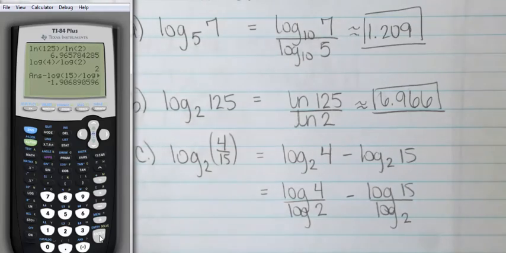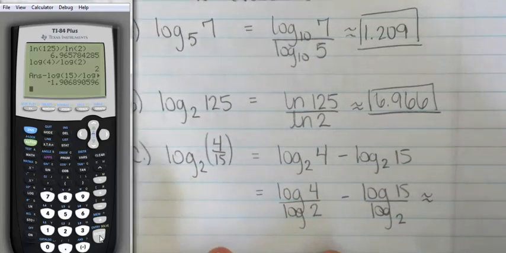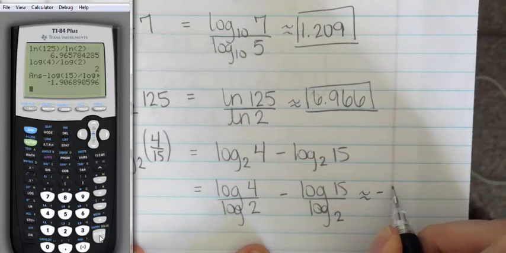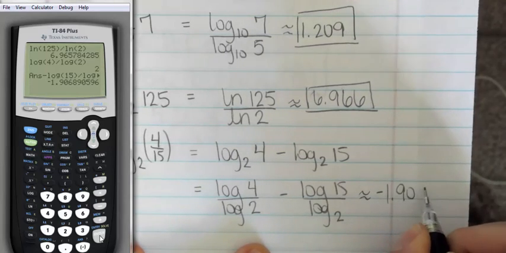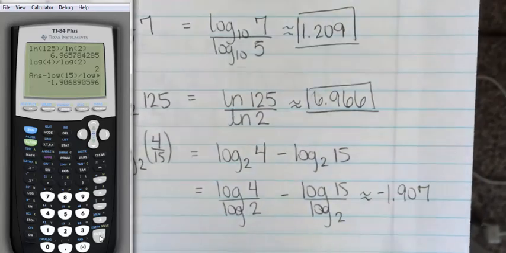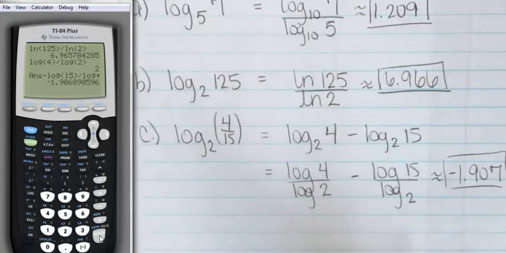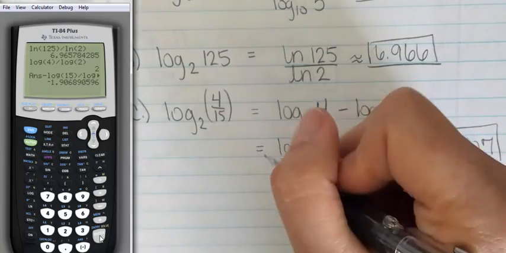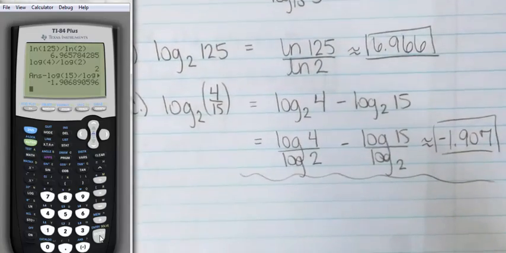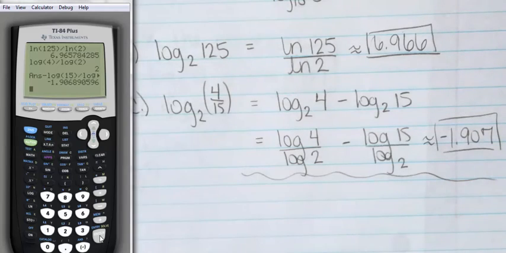And I get approximately negative 1.907. Okay, so that's one way of doing it. The other way would have been to go directly to log base. So this is one way. Let's do it one more way, just for practice with everything, okay?